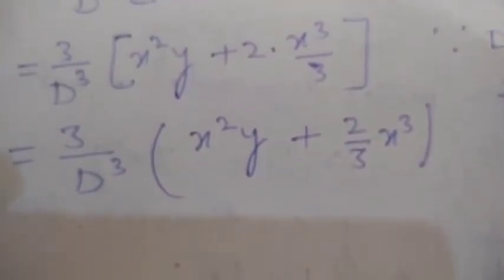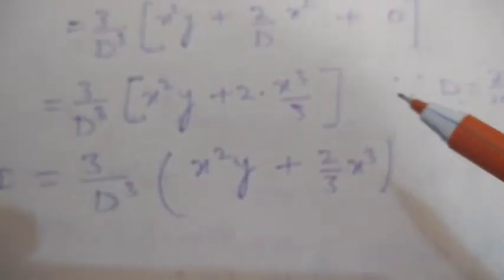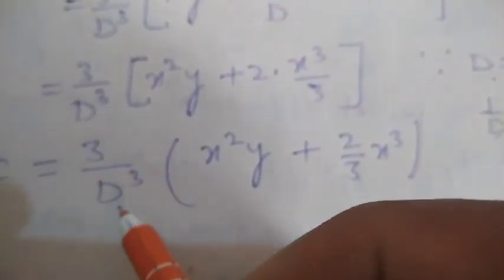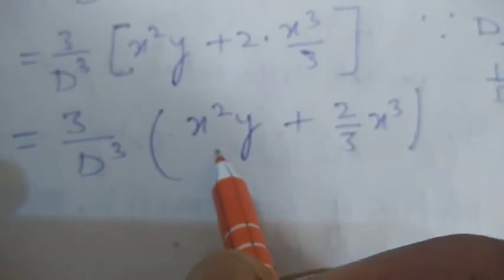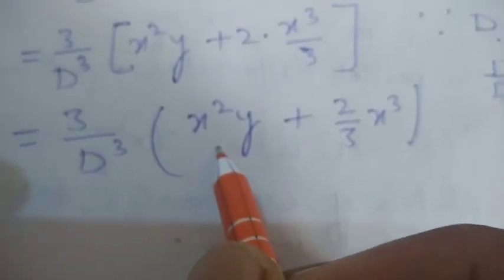Okay students, we have said that d stands for the differentiation, so 1 upon d stands for the integration. By the same process, 1 upon d cube stands for 3 times integration of this term with respect to x.